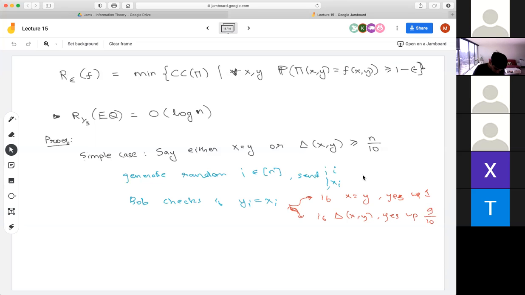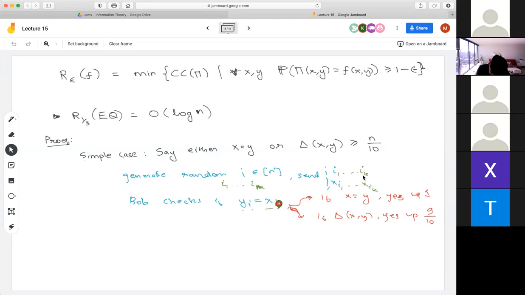And because we want to succeed with probability at least 2/3, we'll just repeat this a few times. So let's say I want i_1 to i_k, and then we will send i_1 to i_k, and x_{i_1} to x_{i_k}.